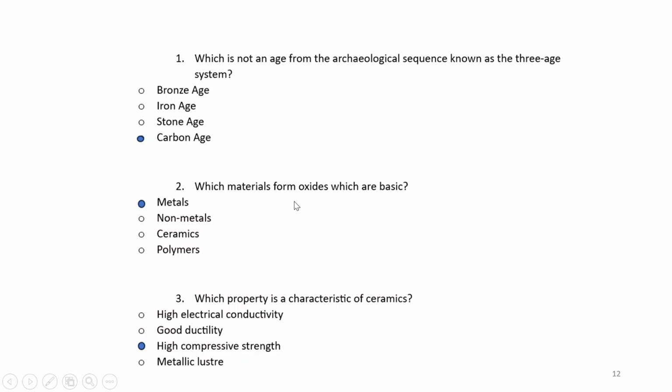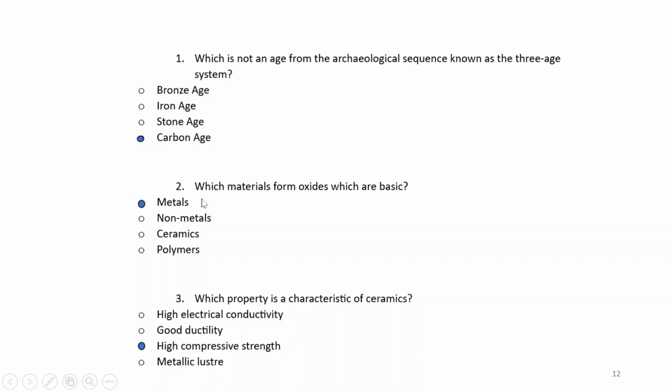Which materials form oxides which are basic? So you have various types of materials such as metals, non-metals, and ceramics, polymers. So out of these, which one forms oxides which are basic? So for example, you can think of metals, iron or other metals which form oxide.